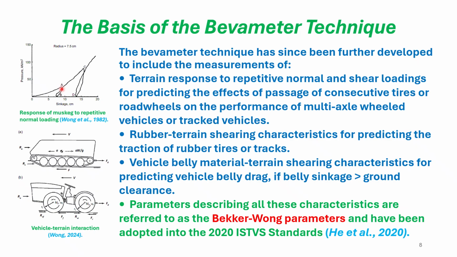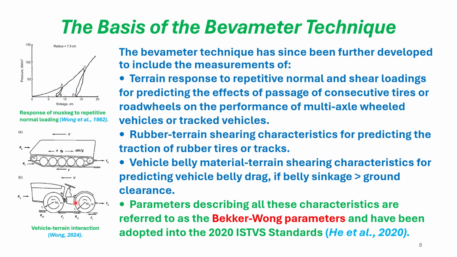If at point A, the pressure applied by the front tire decreases, then the pressure sinkage relationship will follow this unloading line. If this unloading line is inclined and not vertical, then it will imply that the terrain may have a degree of elastic rebound. This distance represents the rut depth created by the front tire.